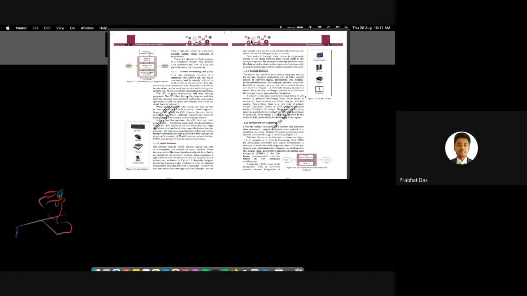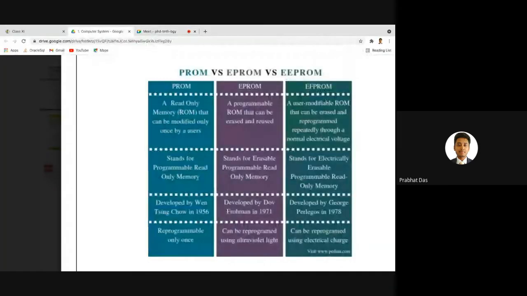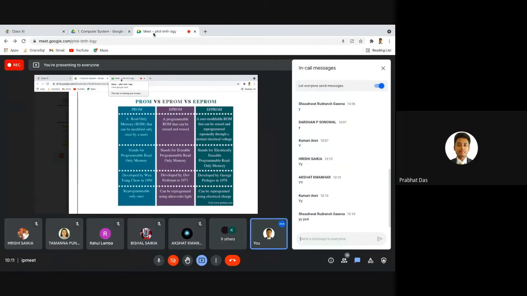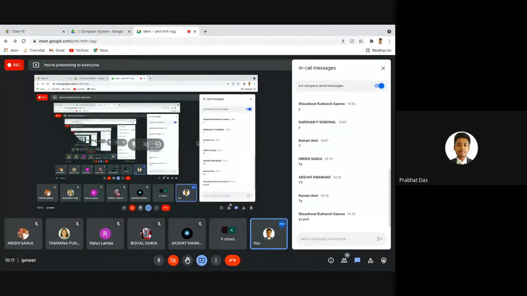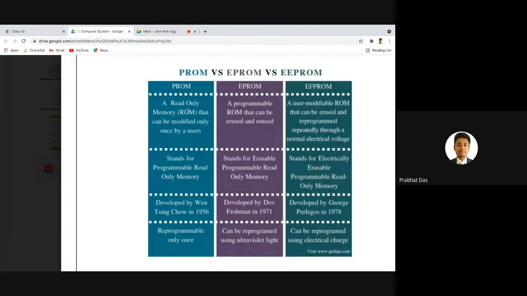That program is stored inside the PROM chip. This is where the use of PROM comes into play. We use those PROM chips inside gaming consoles so that the program can be stored permanently. Here you can see a read-only memory that can be modified only once by a user.